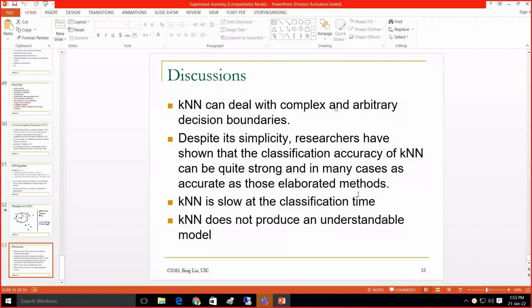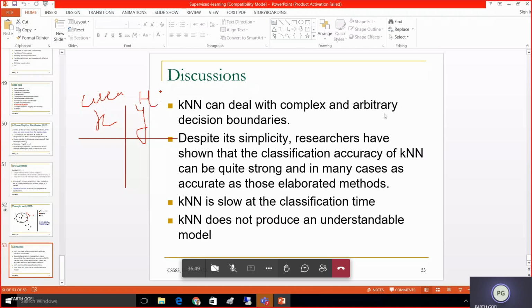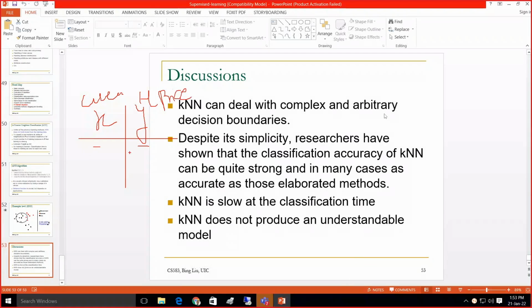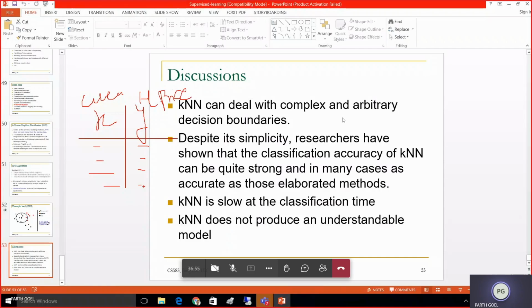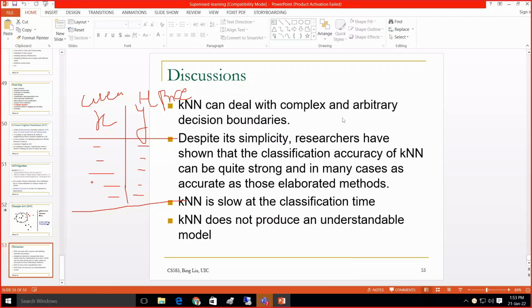Whereas in other algorithms, consider linear regression. You have already gone through linear regression, right? In linear regression, what happened? You have x and y, maybe this is the area, and this is house price, and maybe some samples are given, maybe 8 or 10 samples.